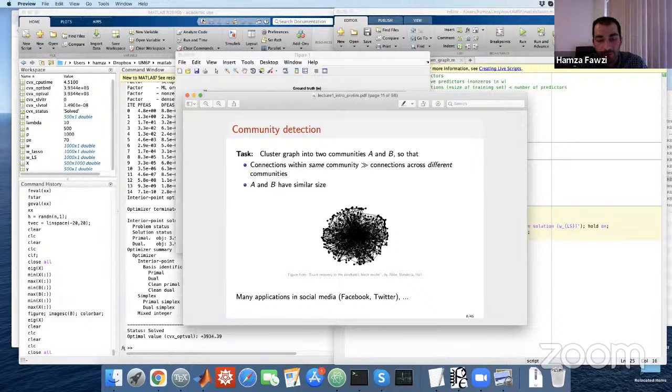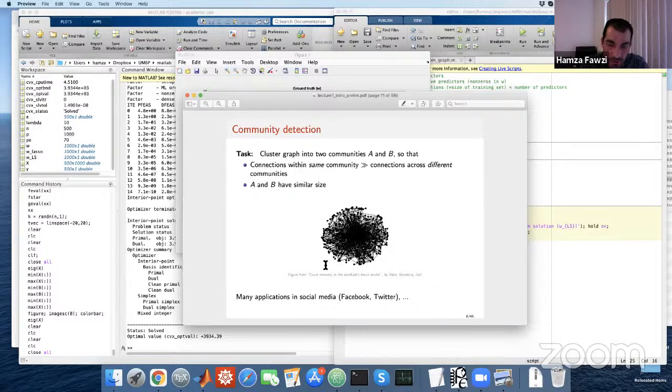We define a community as a set of nodes such that the connections within the same community are much greater than the connections across different communities. Another requirement typically when clustering a graph into two communities is that the sizes of the two communities are roughly the same, not exactly equal, but of comparable size.